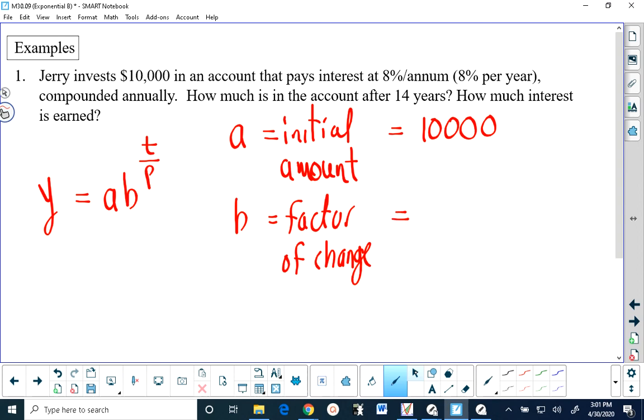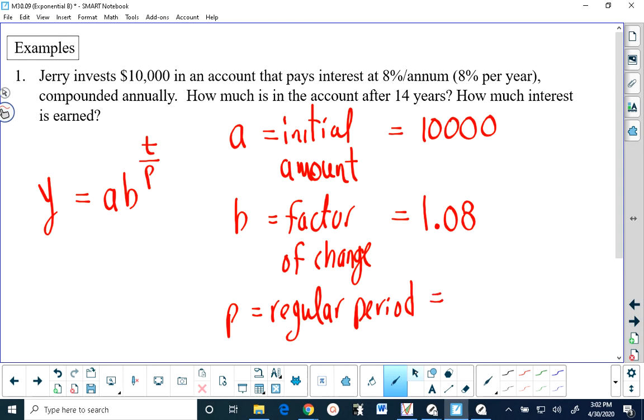And since he's getting 8% at the end of the year, the factor of change is 1.08, which represents 108%. And P is the regular period. In other words, it's how often the factor of change is applied, but it's applied annually. It's applied in Jerry's case every year. So this is 1 year.